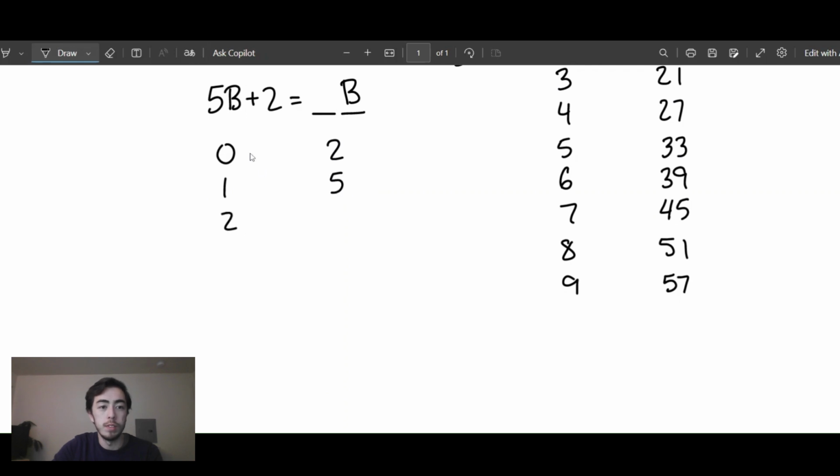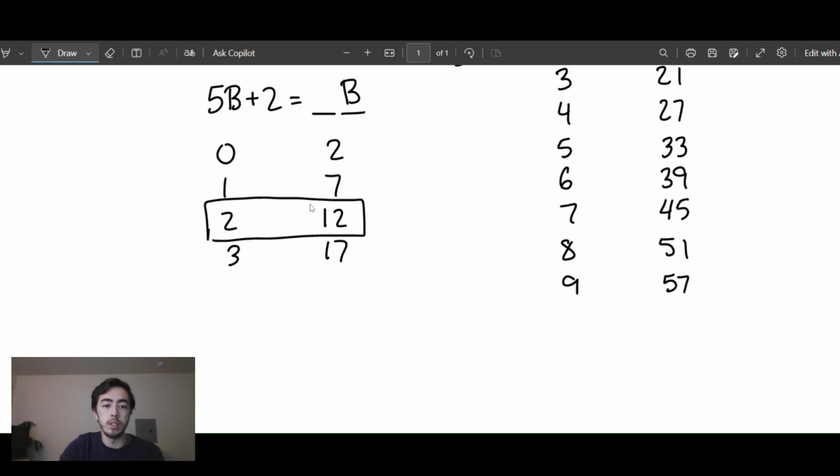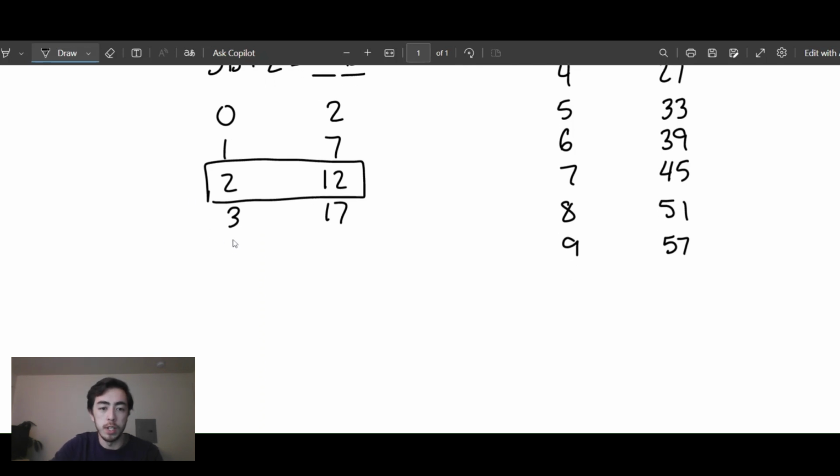So 2, oops, that should have been a 7. Here, I'll do the right side first. 12, 17. Oh, so it's just going to go back and forth between ending in a 2 or a 7. So this would line up, and then since it always ends in a 2 or 7, I can just skip on down to the 7. And it looks like odd numbers end in 7s and even numbers end in 2.